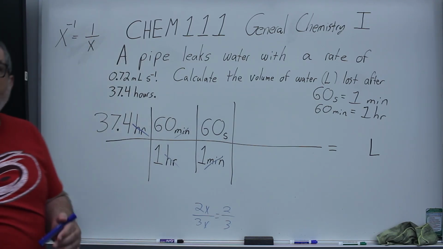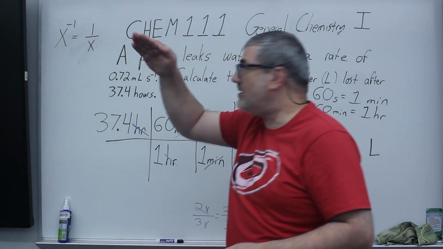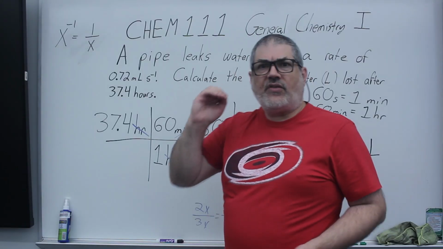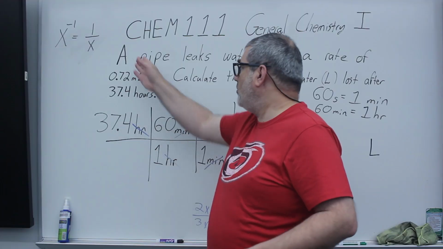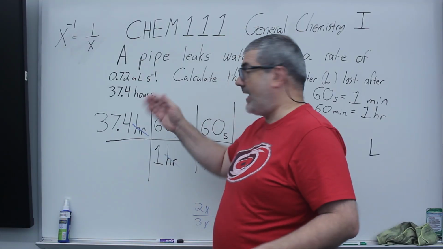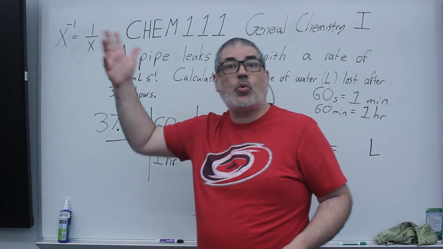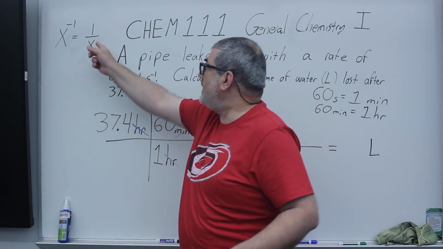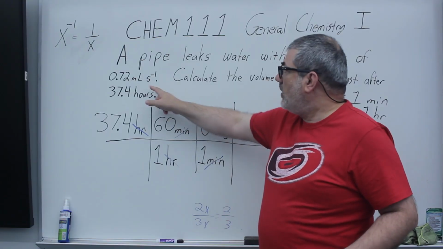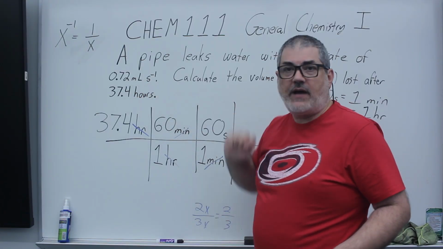So a negative exponent means that we divide through. In the sciences, we use exponents: seconds to the minus 1, seconds squared, and so forth. And we also use negative exponents, which means we're dividing through. So this means it's milliliters divided by seconds.